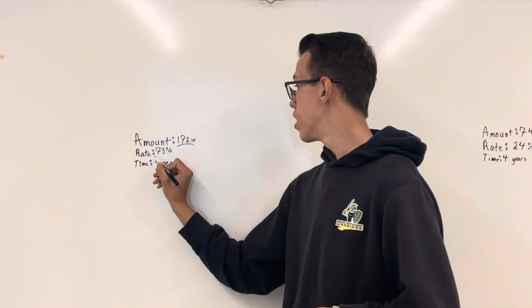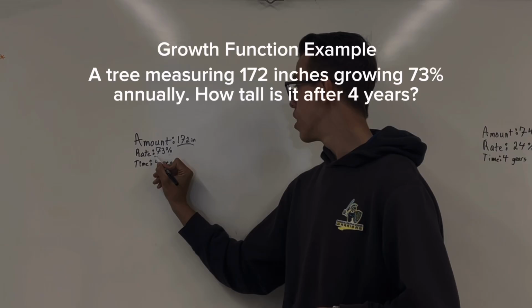Hi, post-production Jerry here. So what Jace is talking about is the example problems that we had failed to actually mention. So I would like to clarify those now. The example problem for our growth function is a tree that measures 172 inches is growing 73% annually.